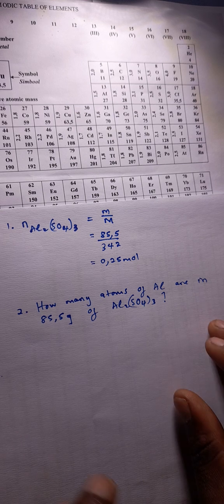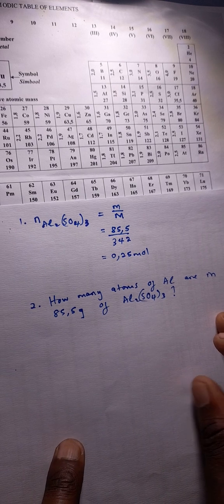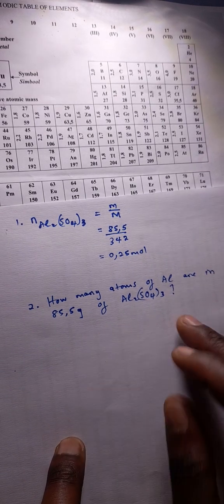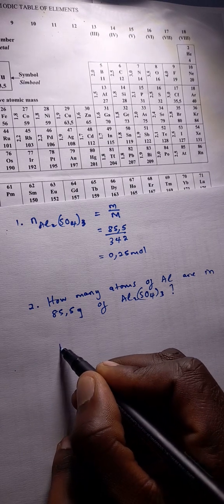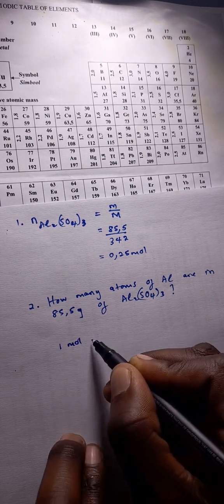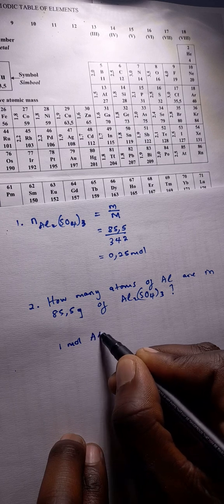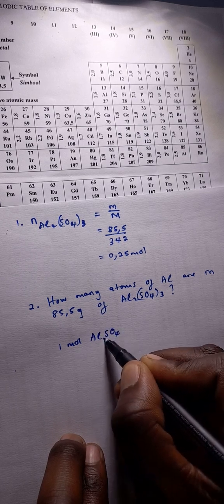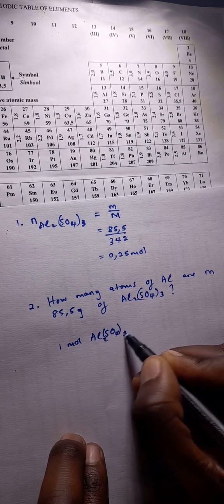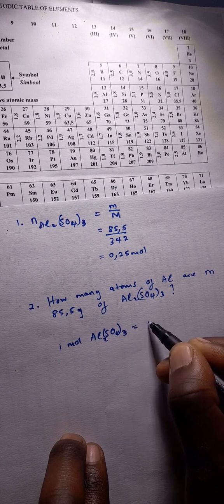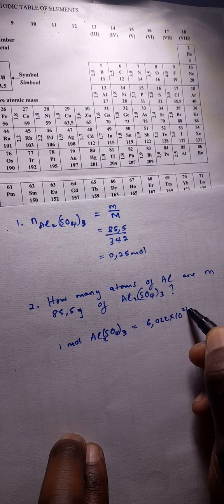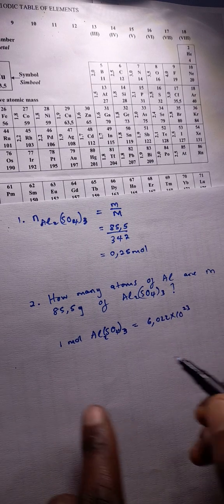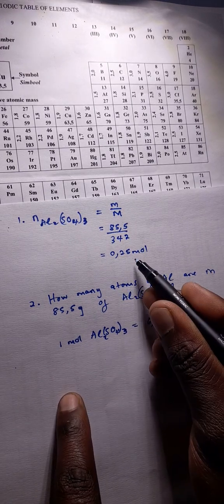Let's start now by relating number of moles to Avogadro's number. We know that 1 mole of aluminium sulfate is exactly 6.022 times 10 to the exponent 23. And then what mole are we having here?